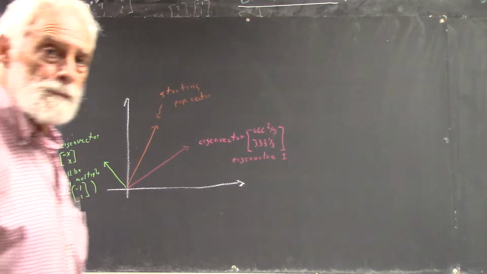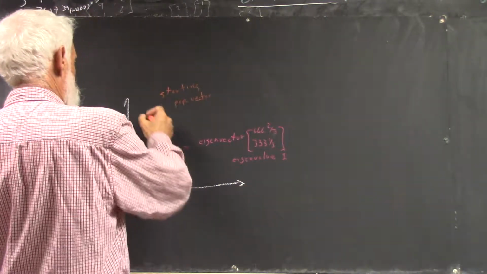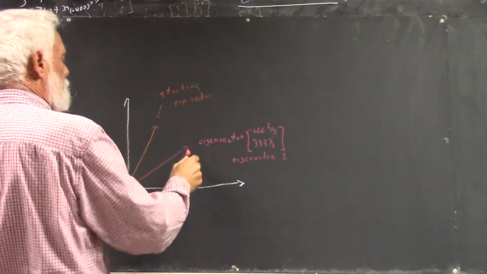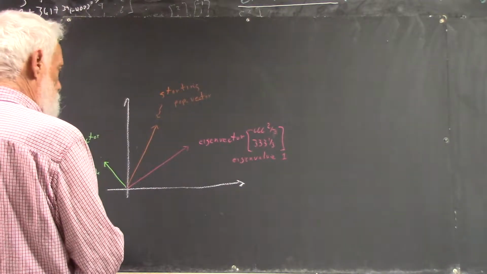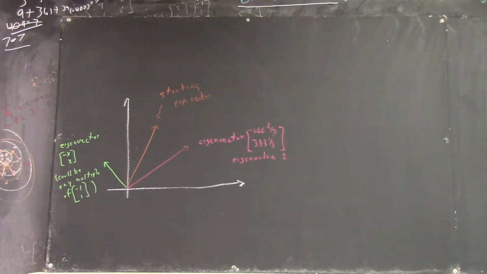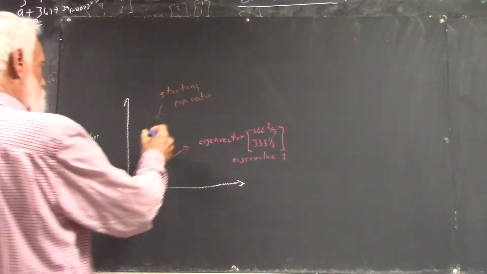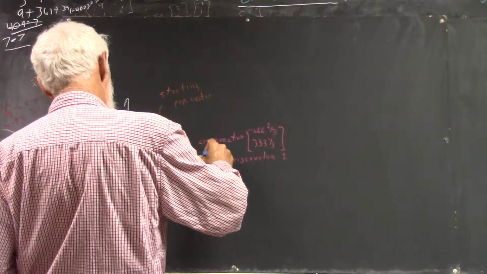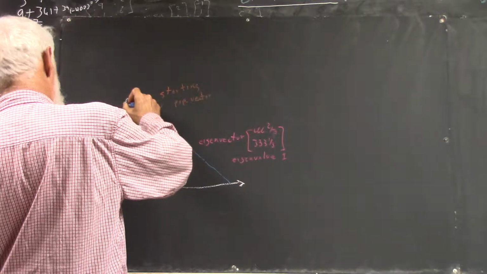Then your next population vector will be, well, first of all, your starting population vector and your eigenvector form a straight line. Now I'm going to risk blue on that straight line. That's the color everybody wanted me to use earlier. Hopefully it'll be visible. If it isn't, I'll write over it with something. So the straight line is going to be here.